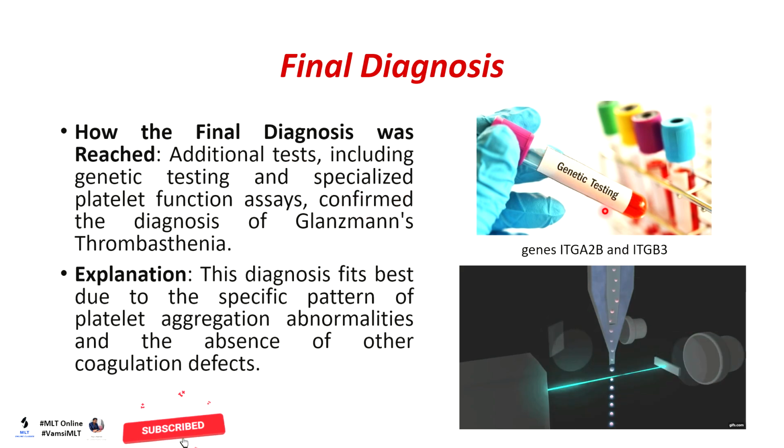Also, we parallelly checked the patient's GP2B3A receptor, and it was absent in the flow cytometric analysis of the patient's blood sample. That means she is suffering from Glanzmann's thrombasthenia, a platelet functional disorder, hence leading to increased bleeding time. So the explanation: this diagnosis fits best due to specific patterns of platelet aggregation abnormalities and absence of other coagulation defects.